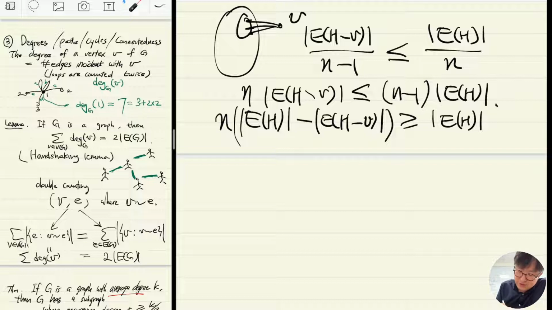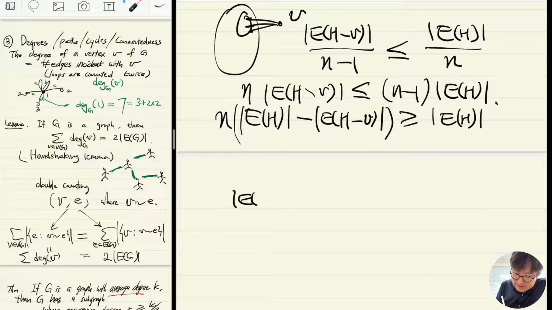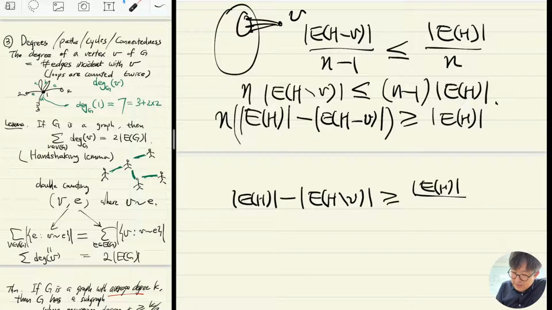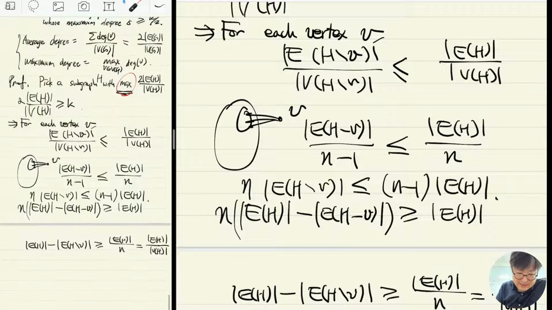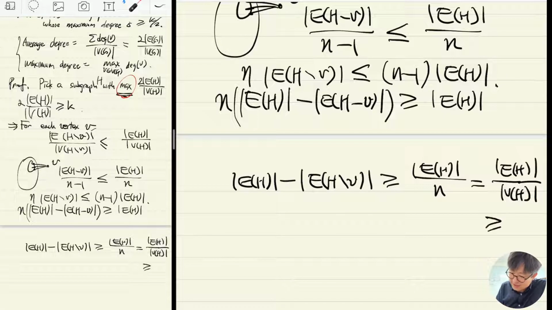All right. So what does that mean? The number of edges lost is at least the number of edges divided by n, which is the number of edges divided by the number of vertices. And I know that this number is at least k over 2.